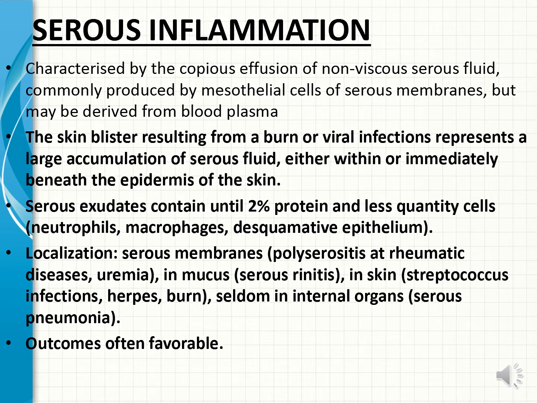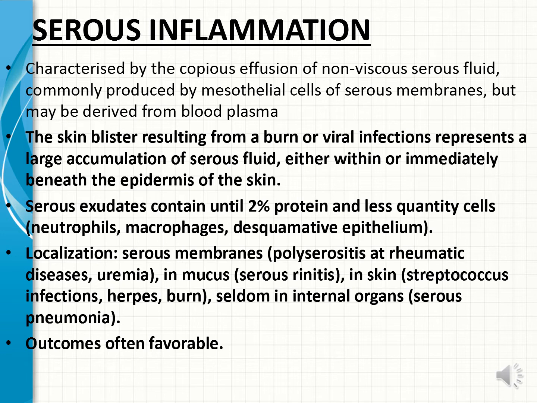Serous exudate contains up to 2 percent protein and fewer cells like neutrophils, macrophages, and desquamated epithelium.